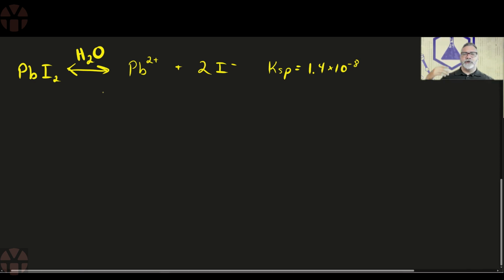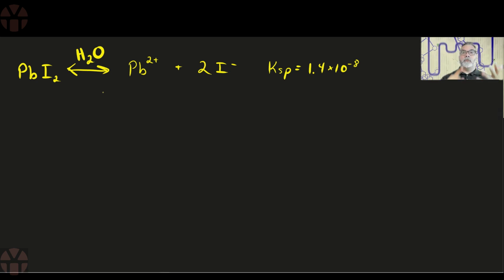This thing fell under box number 2, which was the halides, and the halides were always insoluble when they were bonded with lead and mercury and silver, etc. And what we should take away from this is that my expectation going in is that lead 2 iodide will be insoluble. It will not be able to break apart and form lead ions or iodide ions like we're seeing over here on this equation.